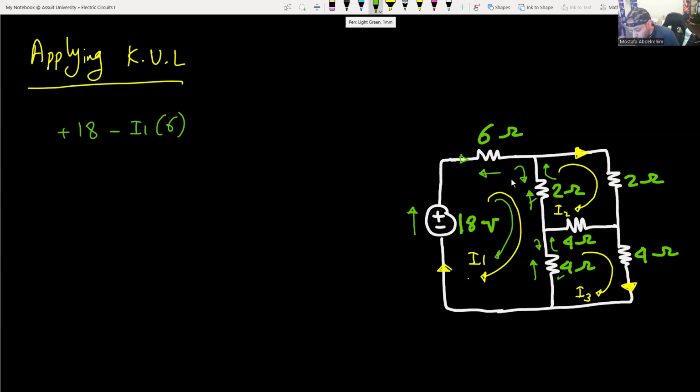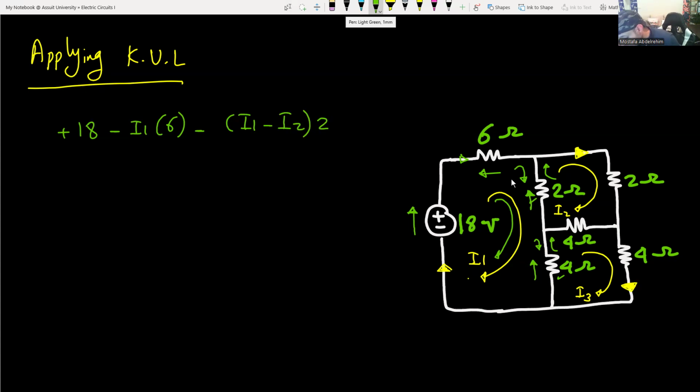The voltage of the 2 ohm is upside like this, so it's flowing in the opposite direction. If it rotates, it will be like that. The mesh direction is like that, so they are opposite, and its current is I1 minus I2. So minus (I1 minus I2) multiplied by 2 ohm.